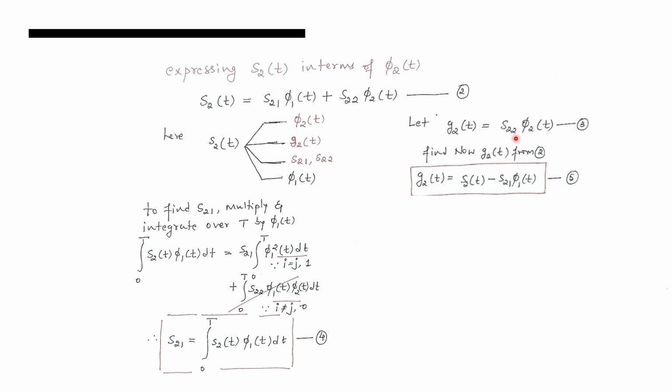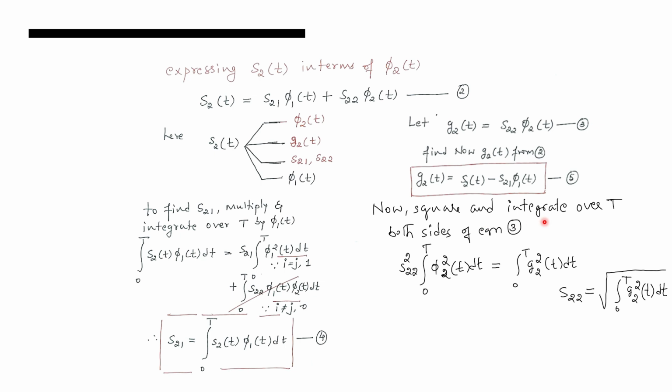In order to obtain S22, that is the second vector value or real number, we square and integrate equation 3 over T. That is S22 square integral 0 to T phi2 square of t dt is equal to integral 0 to T g2 square of t dt.